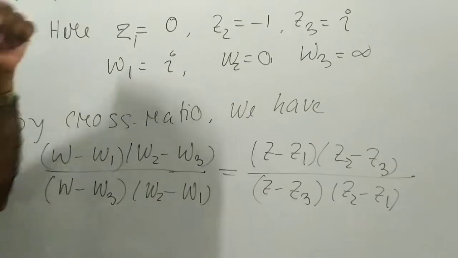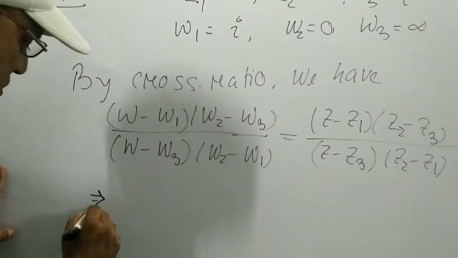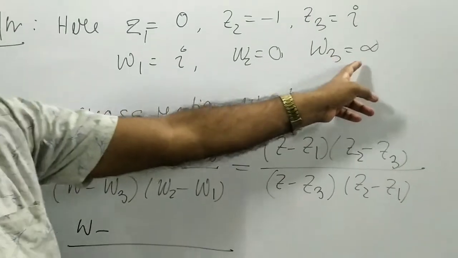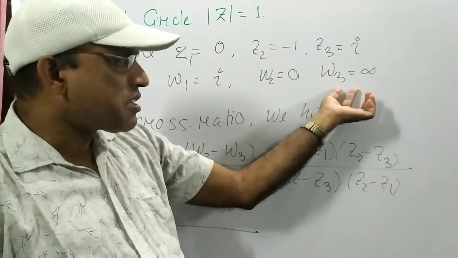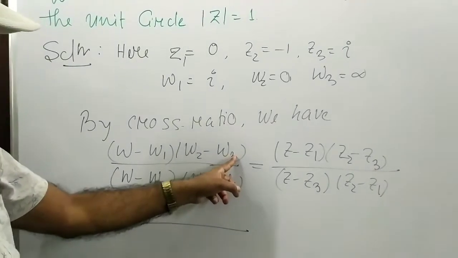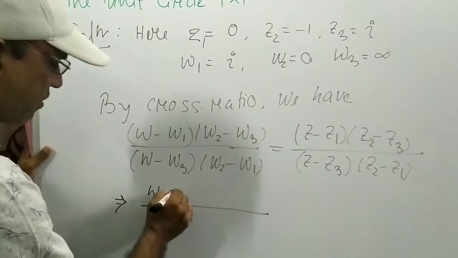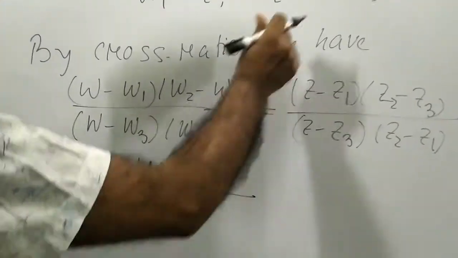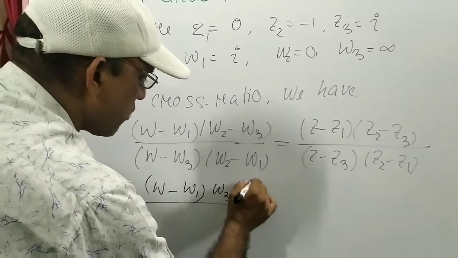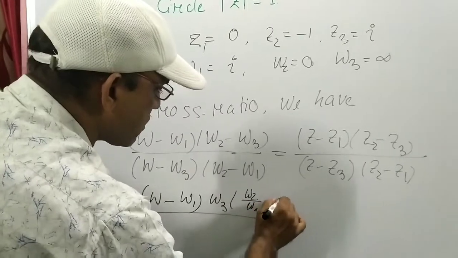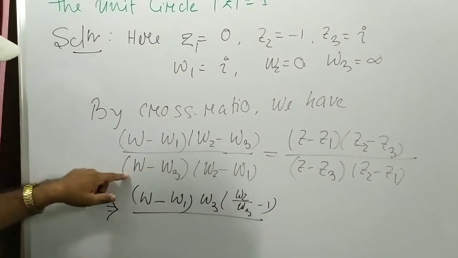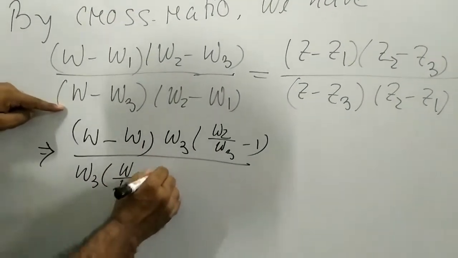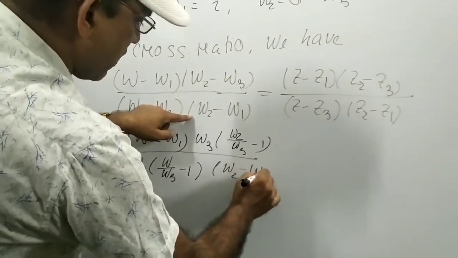the bilinear transformation. Putting the values, here w3 is given as infinity. If w3 is infinity, from these two terms taking w3 common, so w minus w1, and from these two taking w3 common, we get w2 by w3 minus 1, and here w by w3 minus 1, and this remains the same, w2 minus w1.